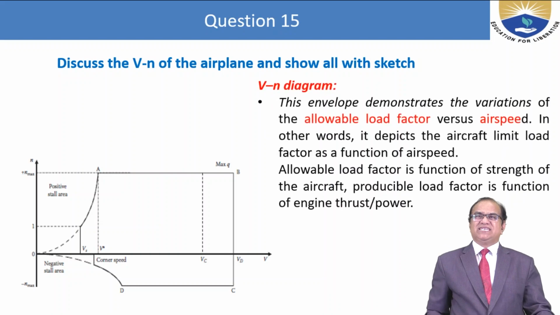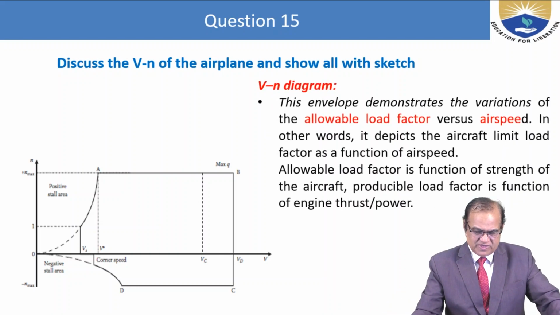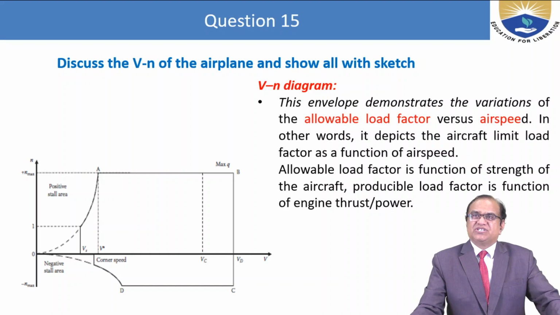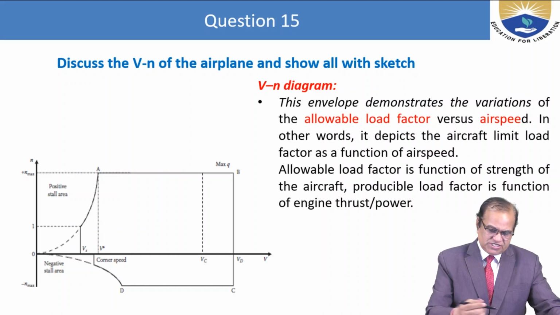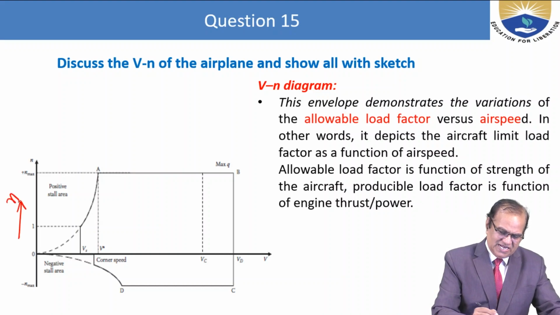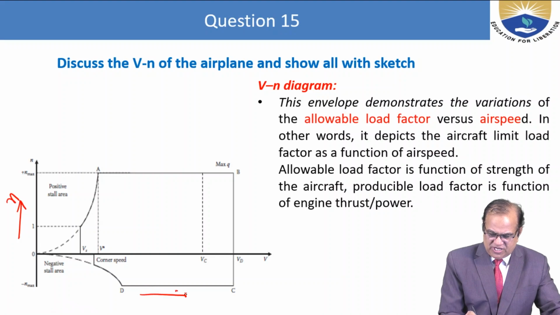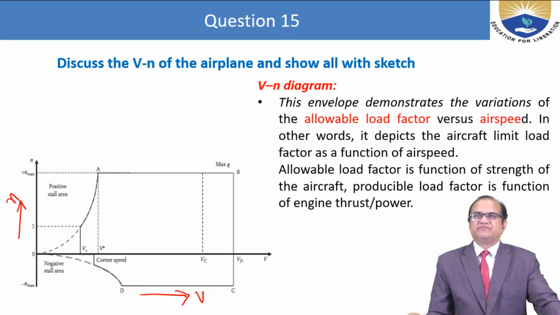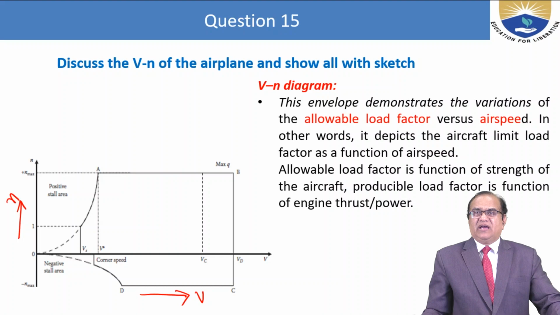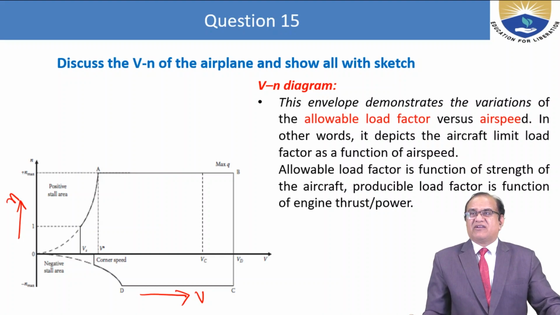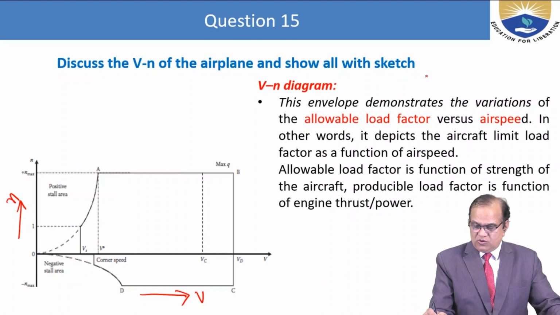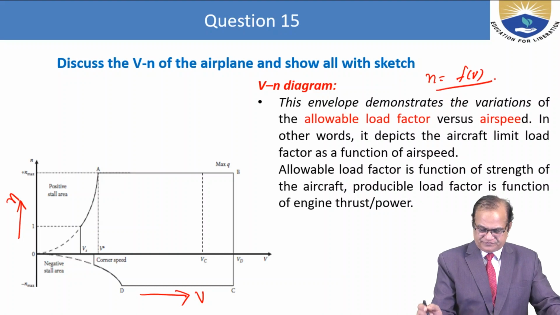So we can see here that in the VN diagram, the envelope demonstrates the variation of the allowable load factor versus airspeed. So in this, the load factor is in this direction, N, and in this direction we have the speed V. In other words, it depicts the aircraft limit load factor as a function of the airspeed.